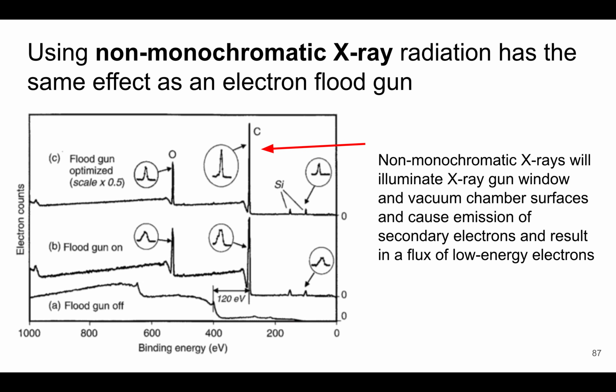It illuminates the window of the X-ray gun and also the vacuum chamber surfaces, and basically causes emission of secondary electrons, that same flux of low energy electrons. So that's one way, but honestly, flood guns are very common. There are probably instruments out there, but the flood gun is much more common than using this non-monochromatic X-ray.